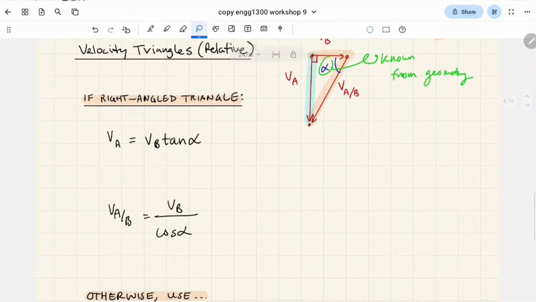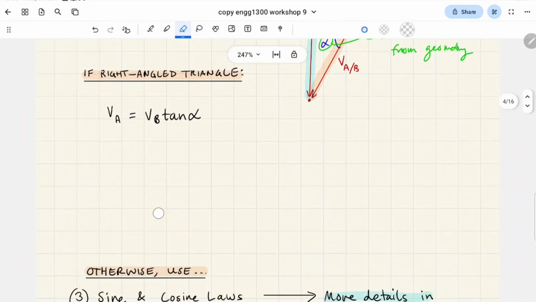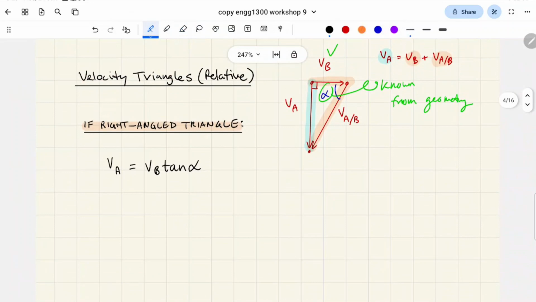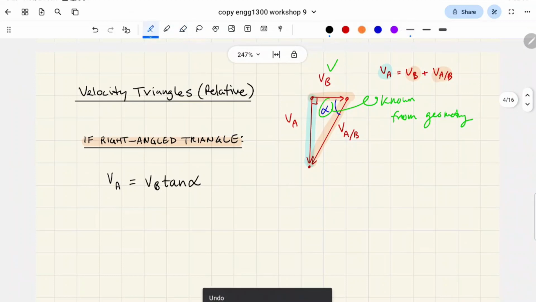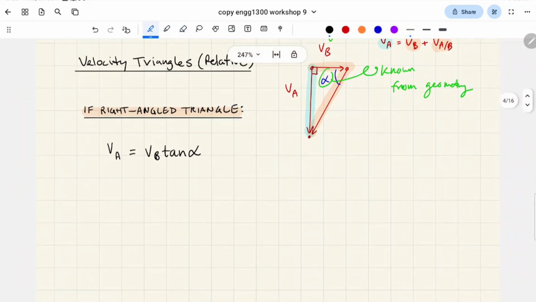One way you can think of it is, say I want VAB, and we've got VB, so this is the hypotenuse side, right? That's the adjacent side. Because this is adjacent over hypotenuse, and we're solving for this, you go like this.